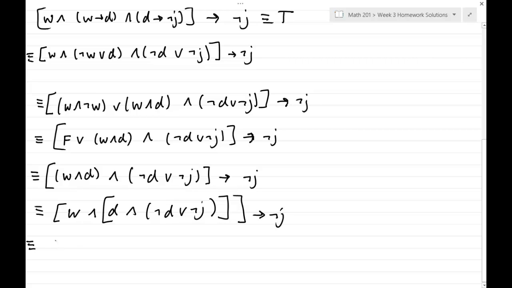So if I use distribution, I've got D and not D, or D and not J. So D and not D is false.